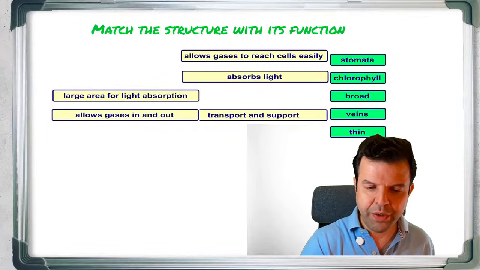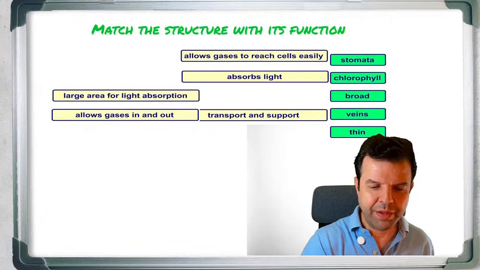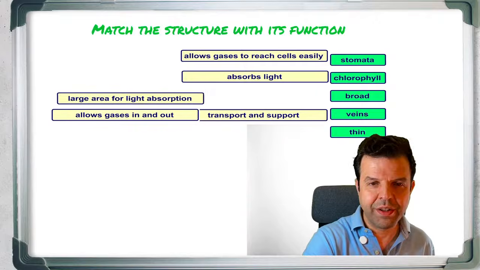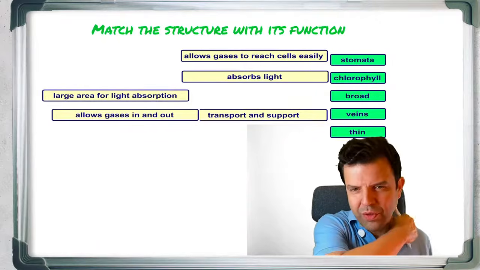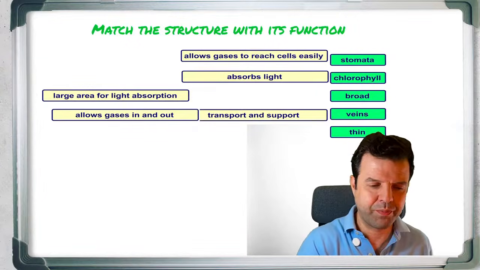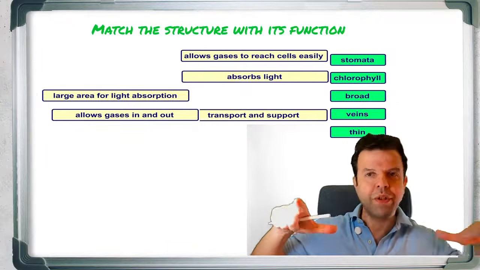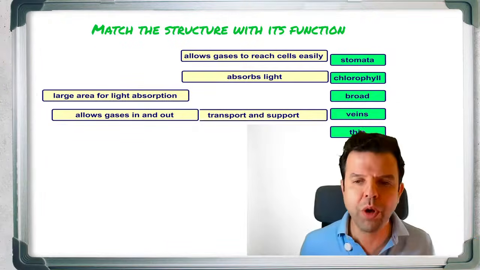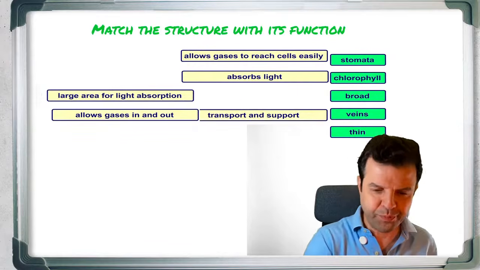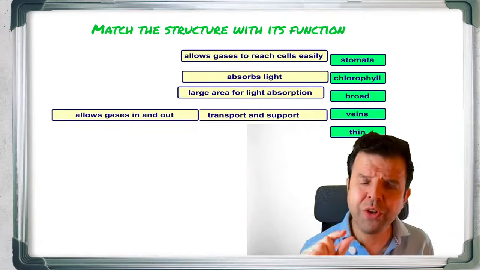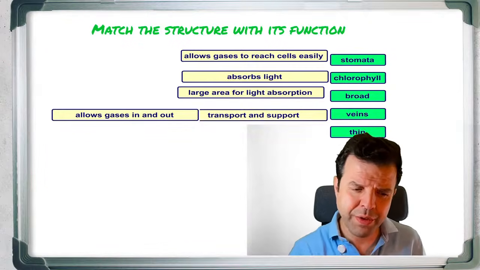Large area means broad, right? So the leaf is broad, so it can absorb more light. Thin, short diffusion distance.